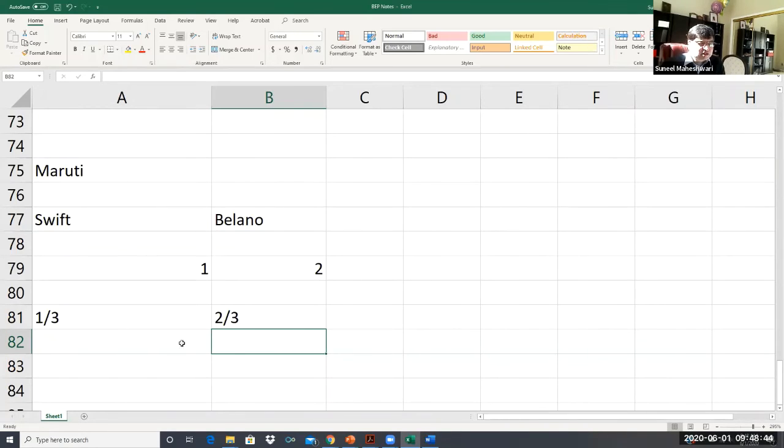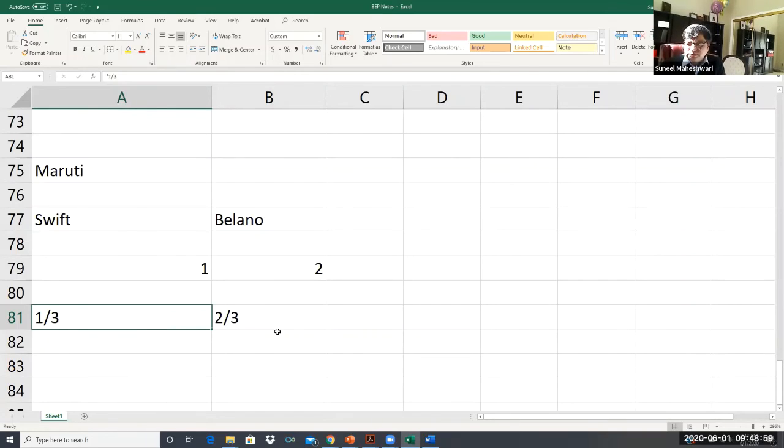So if this is the sales mix, this is the relative weight, 1/3 and 2/3, or 33.33% and 66.67% is the relative sales mix.